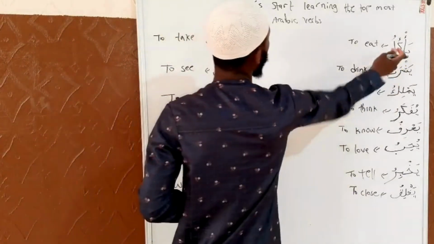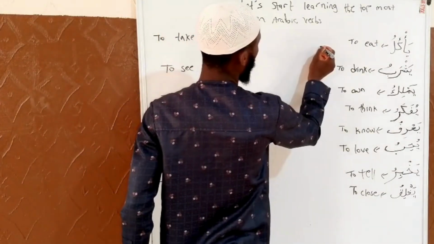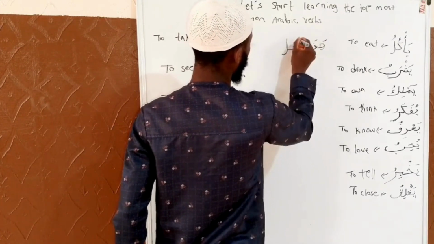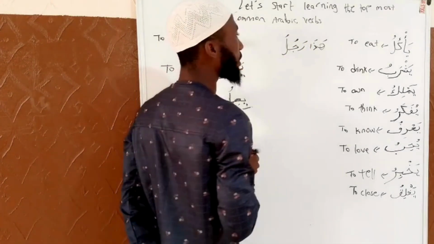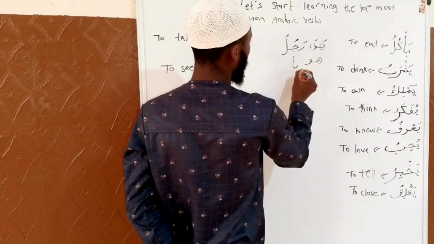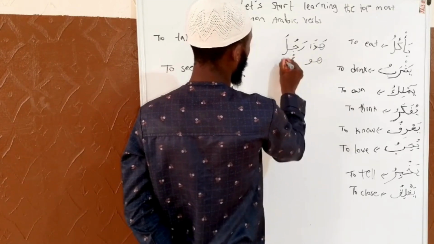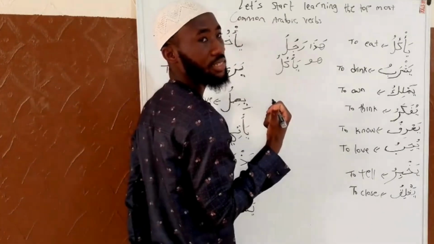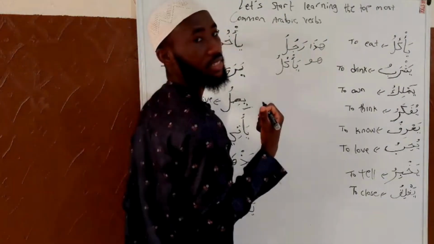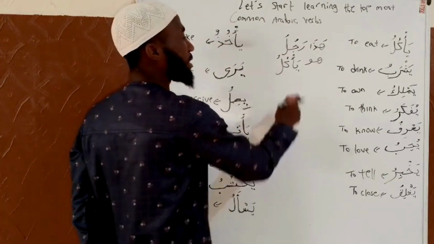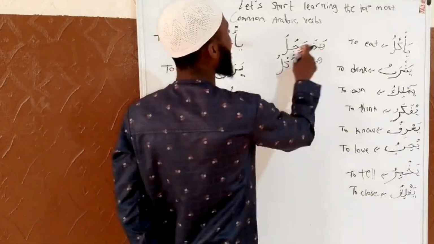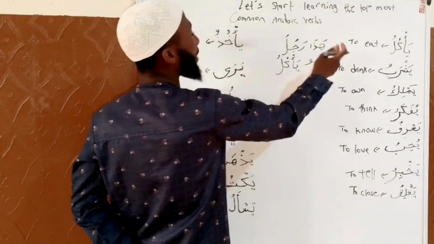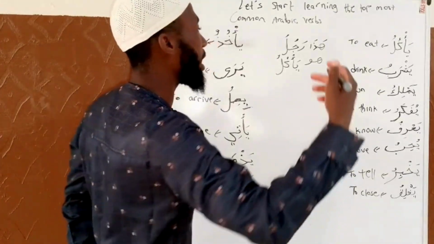For example, هذا رجل هو يأكل. This is the man that is eating.